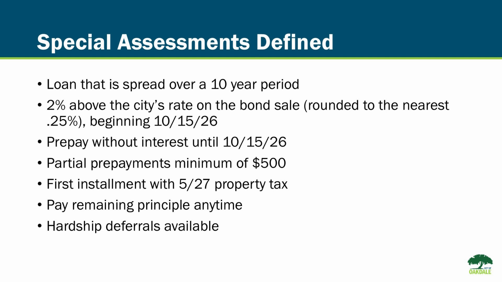The first installment, in the absence of any prepayments or payment of the assessment, will be collected with the property taxes starting in May of 2026. The property owners do have the ability to pay the remaining balance at any time. If this creates a financial hardship for any property owners, there is a discrete deferral process that can be evaluated by our finance director.